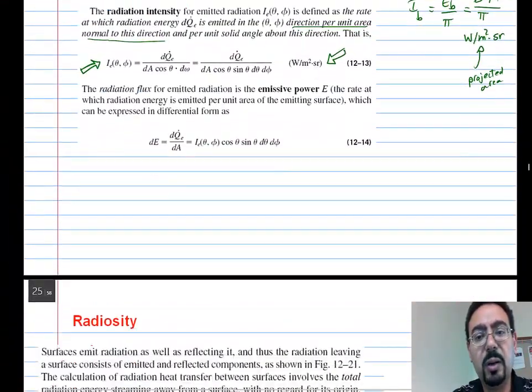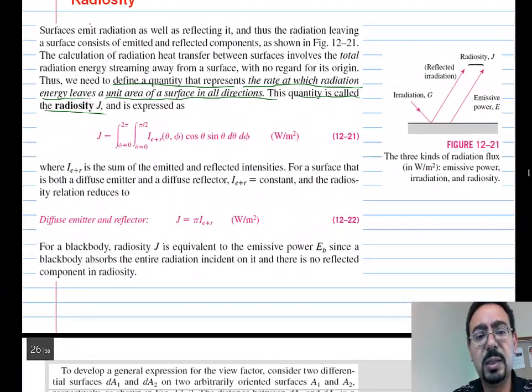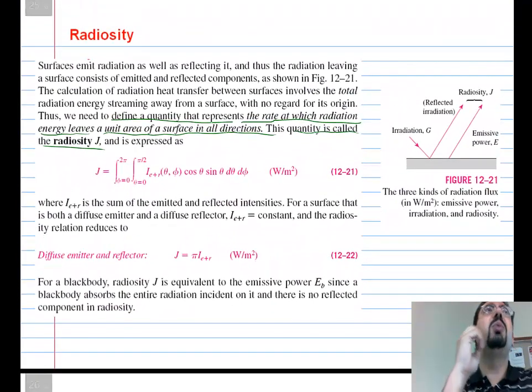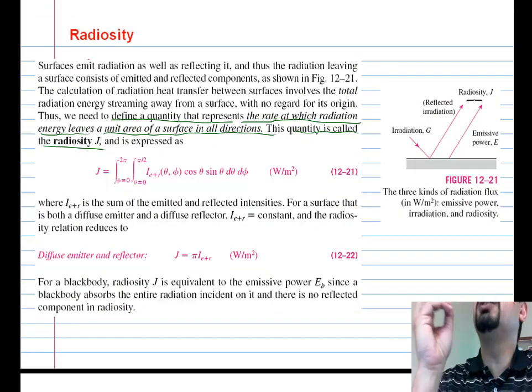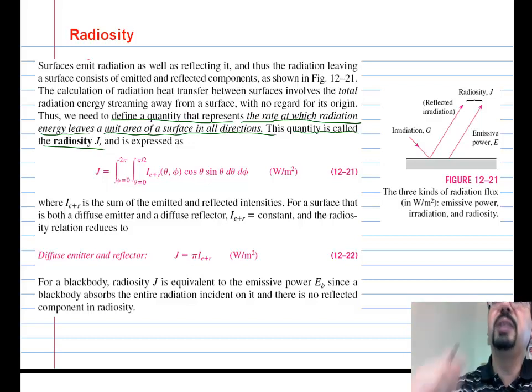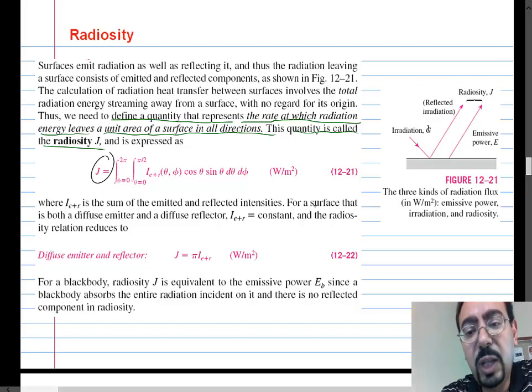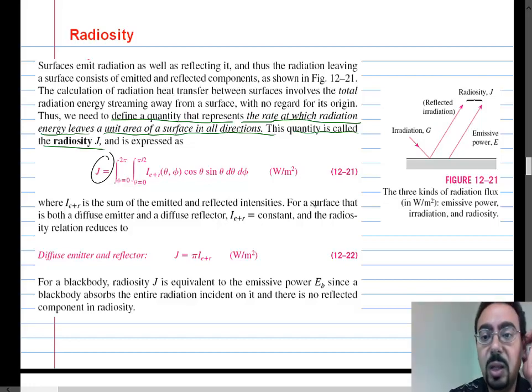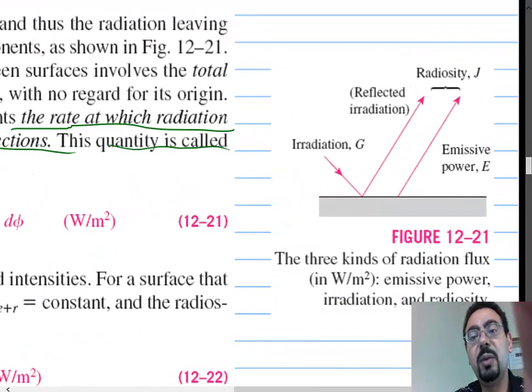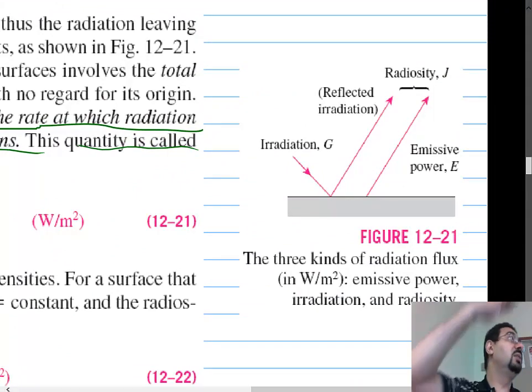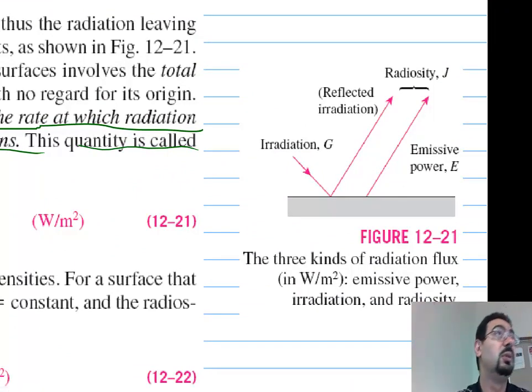this radiosity business, what is this? What will decide how much radiation leaves the surface? It's not the temperature, it's called the radiosity, J. And what is J? The radiation coming to hit you, falling on you, is G. Alright? So G is how much radiation is falling on you because of the other surfaces around you. Okay?